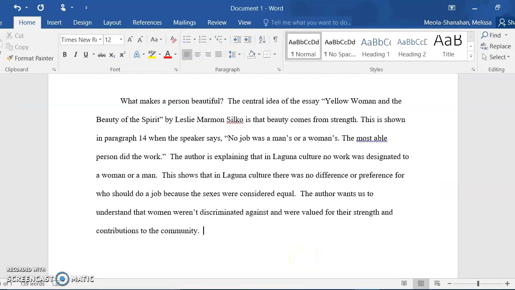Okay. This is important because it shows that a woman can do the same work as a man, and a man can do equal work to a woman.